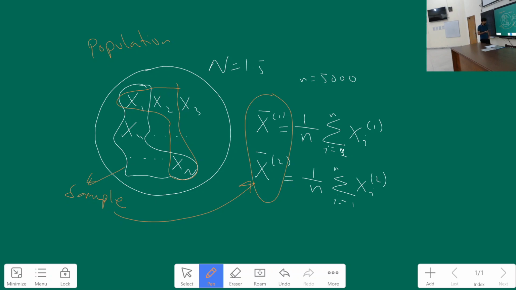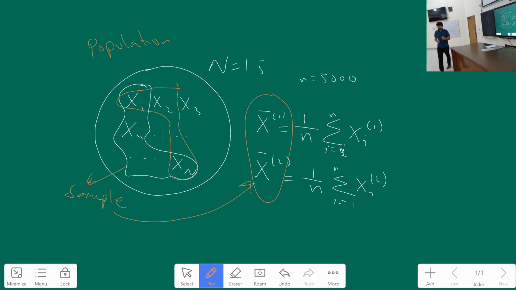So for example, maybe I make a conjecture or a guess that most adults in Swabi are taller than 168 centimeters. Now that is my conjecture, my guess, my claim. Technically we call it my hypothesis.